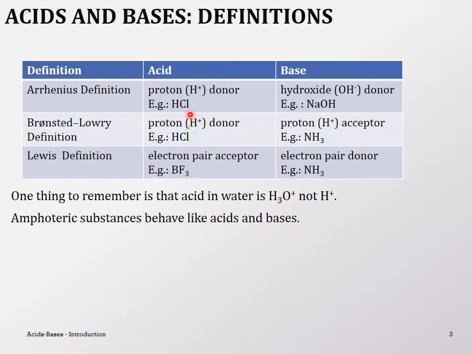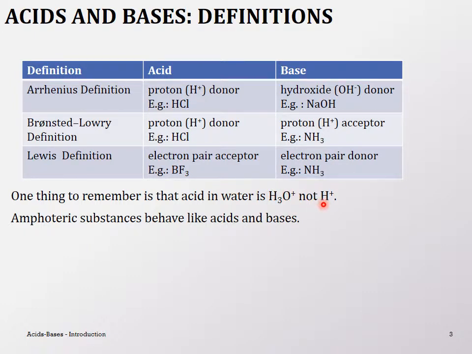So HCl gas is not acidic. HCl aqueous is acidic. What happens is that the H+ that comes out of the HCl will quickly bond with water to give H3O+, all right? This is the hydronium ion. It's a polyatomic ion, and this is what you would find in acids and not really H+.